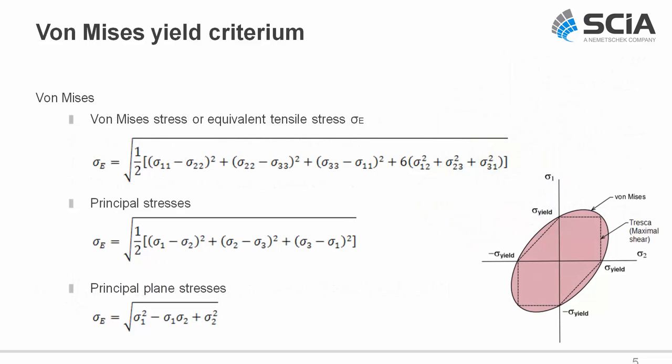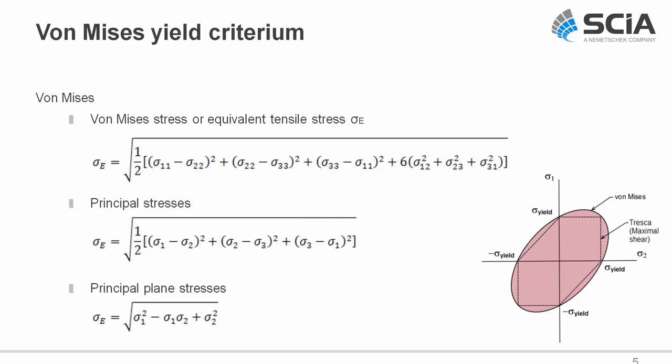If we go and have a look further at this von Mises yield criterion, of course, SCIA Engineer is a finite element software using 2D finite elements. So this von Mises stress formulation using the 3D or 3 direction stresses will first of all be recalculated into principal stresses, meaning that we only use sigma 1, sigma 2 and sigma 3, of course.